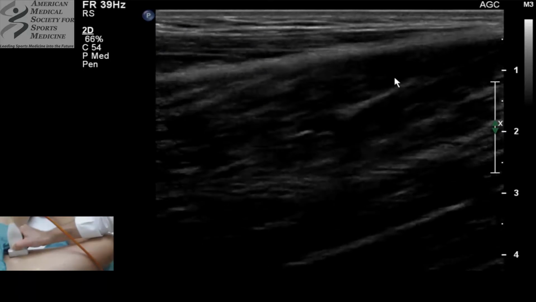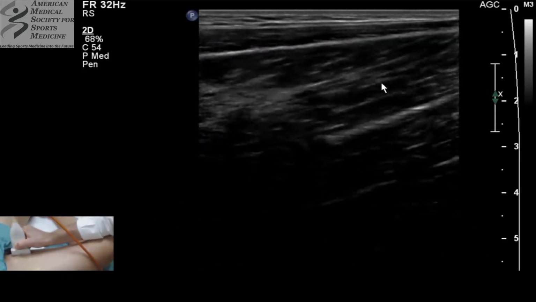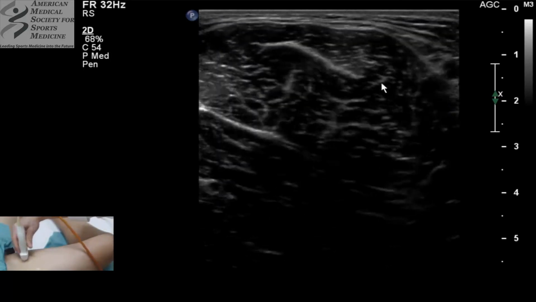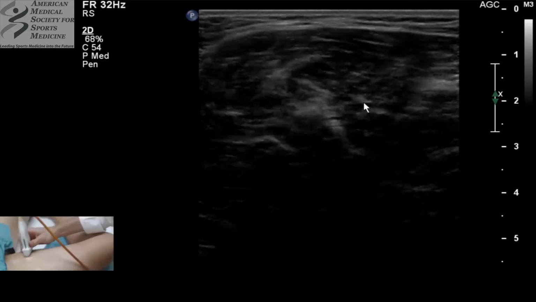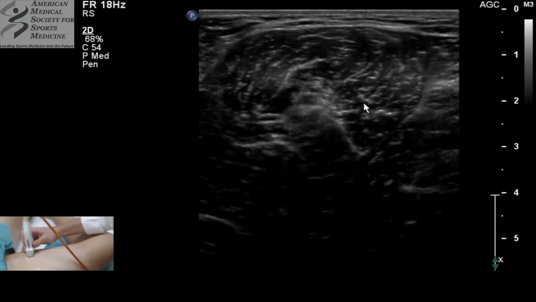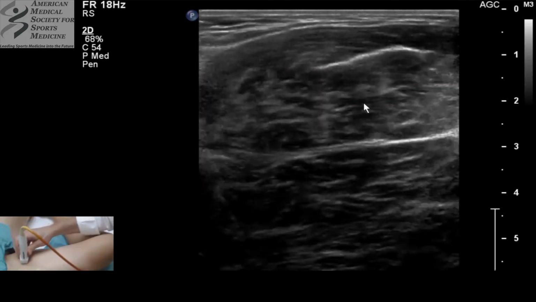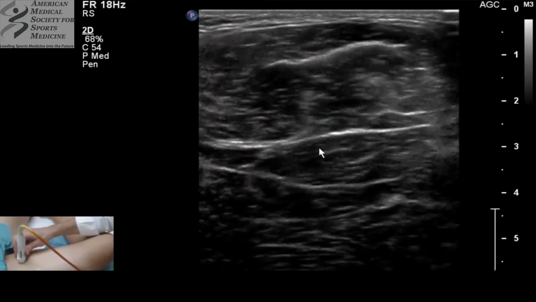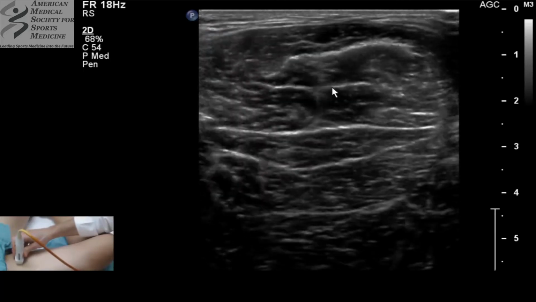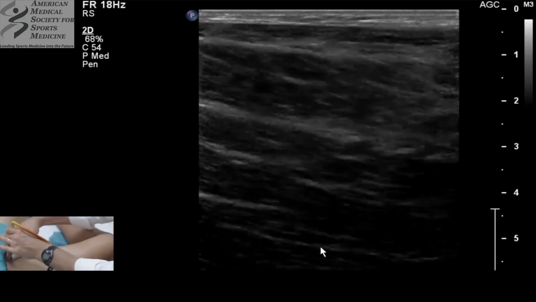I'm going to come down distally here, and I'm going to increase the depth a little bit so that you can see, typically you can see the three different layers. So if I go into short axis and go a little bit further distal here, I'm going to change the focal zone location. All right, so here's a tissue plane there, so adductor longus, brevis, and magnus, going into long axis.